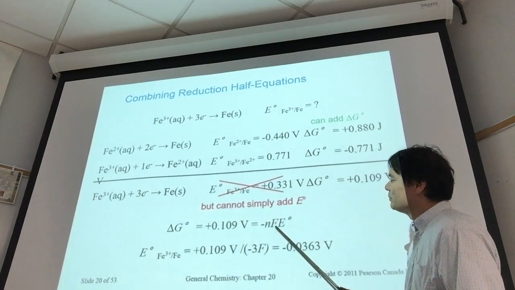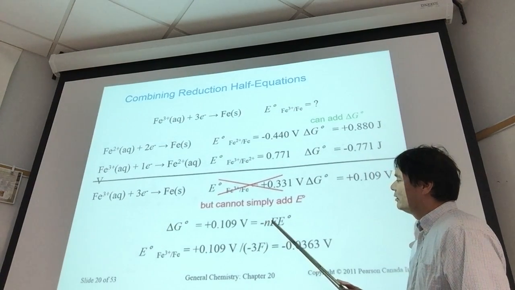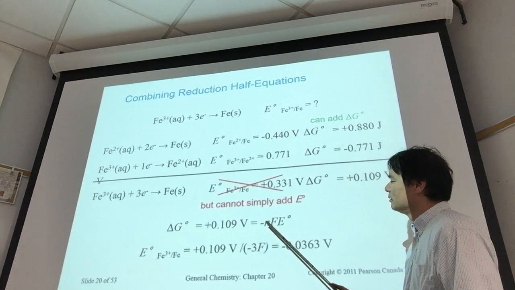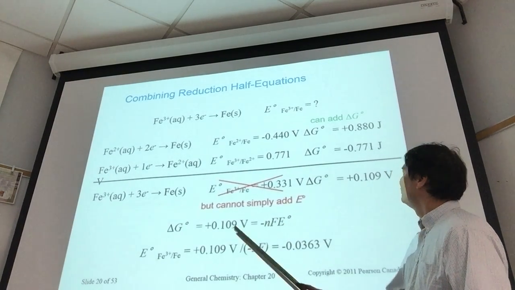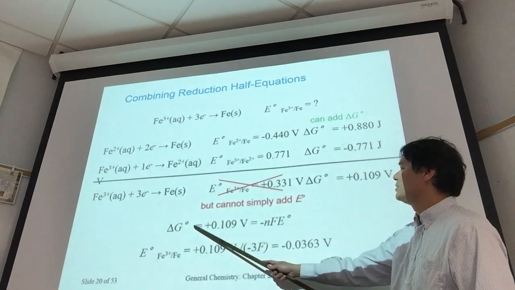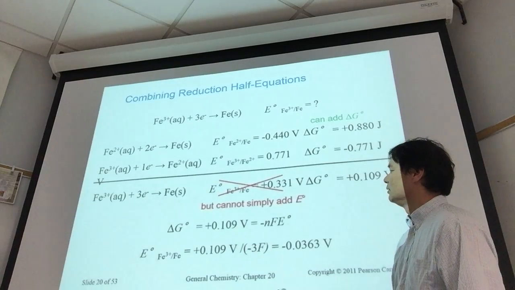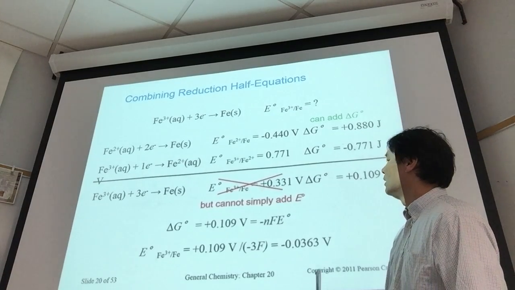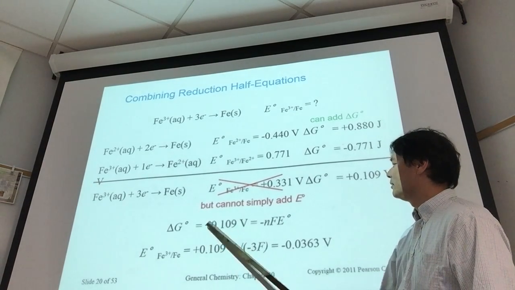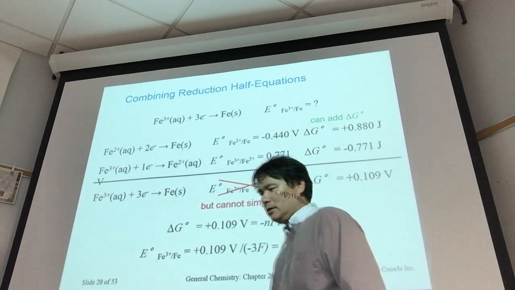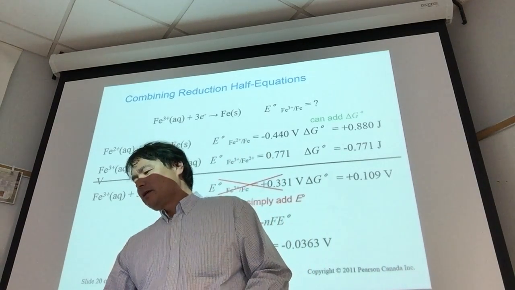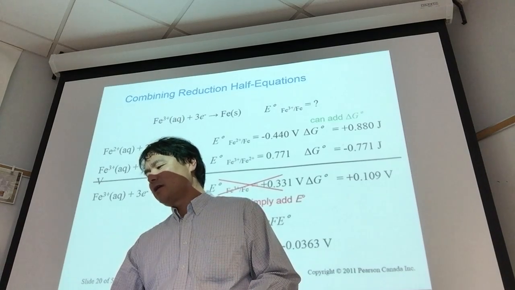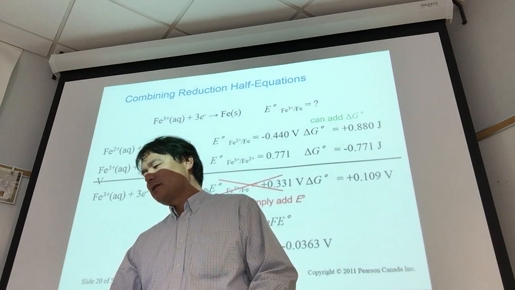Up here, if we have a coulomb times a volt is equal to, what is going on here? All the units are screwed up. Yeah, there's something wrong with this. Sorry, I didn't catch that earlier. But we'll do a calculation for this. But just make a note that slide 20 is messed up.